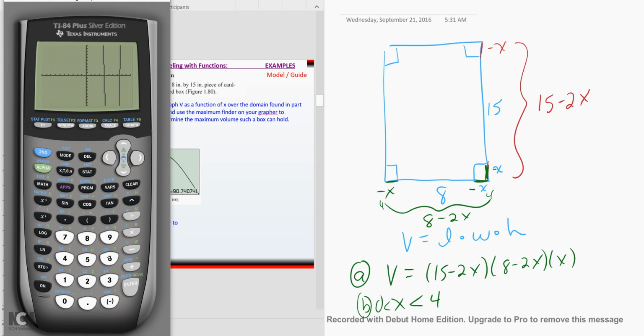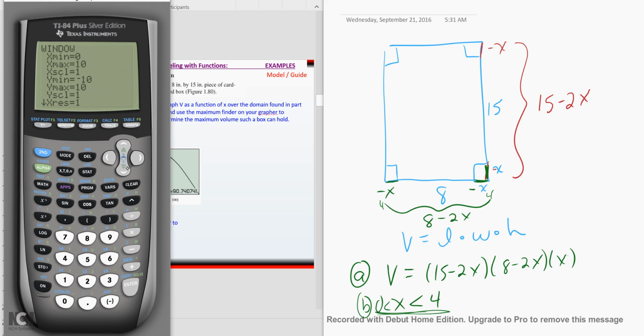And I can't see. I'm expecting some sort of a cubic function because x times x times x would be some sort of an x cubed, and I can't see that, so let's change our window. Now we already said we had to restrict our x to between 0 and 4. So I'm going to go to my window, and I'll leave it at -10. Well, no, let's do our domain.